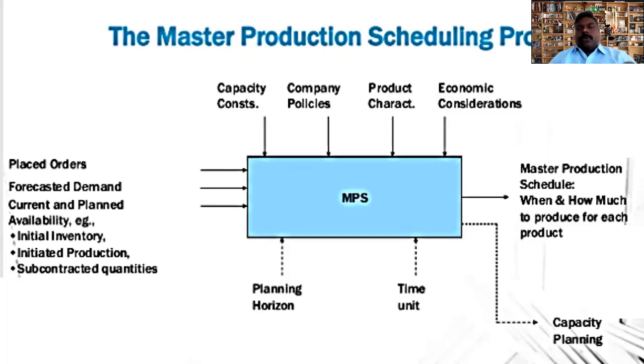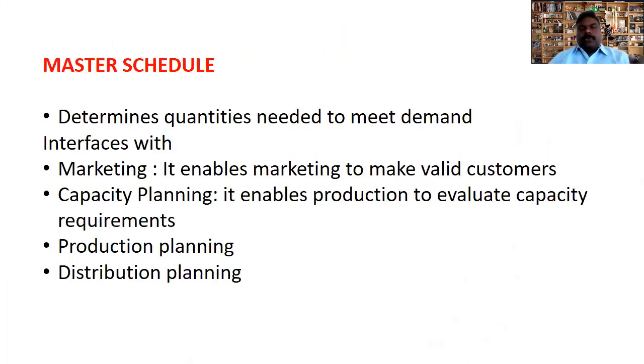That may lead to the master production schedule. So for that preparation, we need all these things. So input will be there and some influencing factors which may result in a master production schedule. So master production schedule is an output of master schedule.